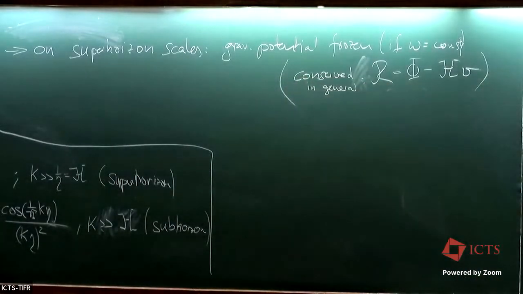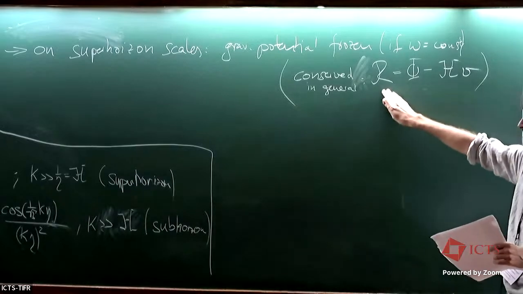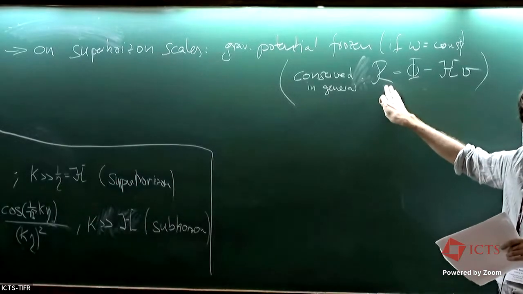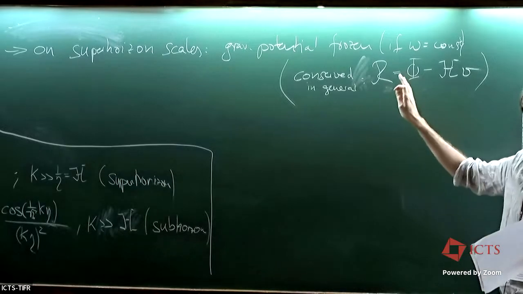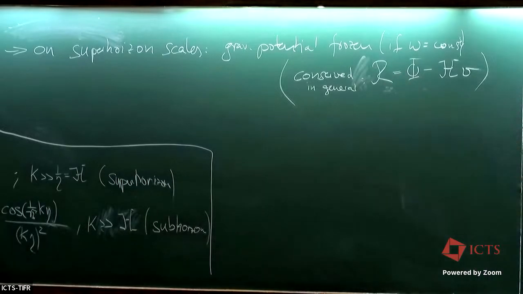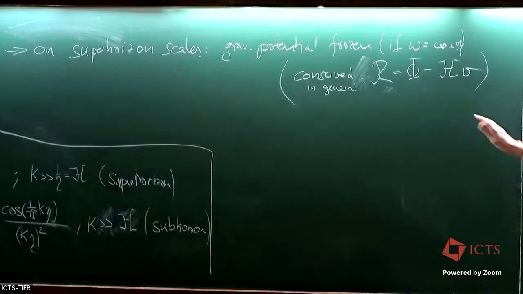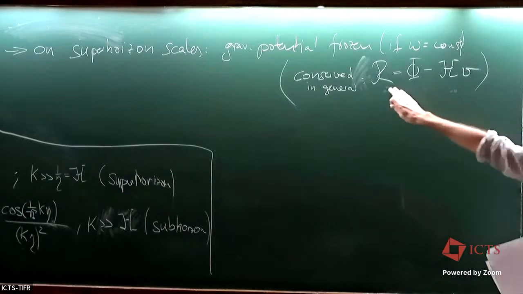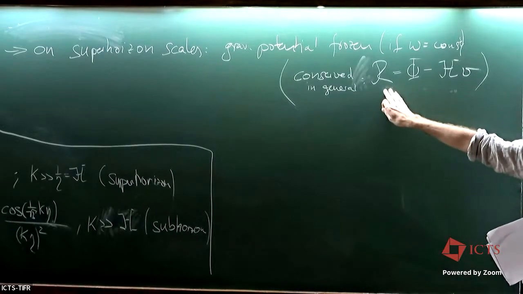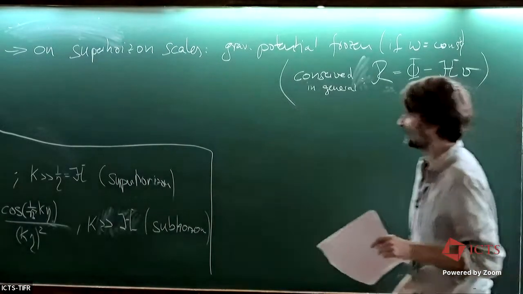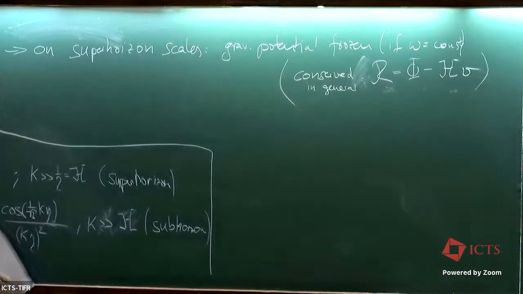Probably during the inflationary lecture, you have either encountered this one or the theta variable. Typically, people choose either of them, but they are identical on super horizon scales. Do you remember in the inflationary lecture, the conserved curvature perturbation? Did you write R or theta? Theta, yeah. But they are the same on super horizon scales.